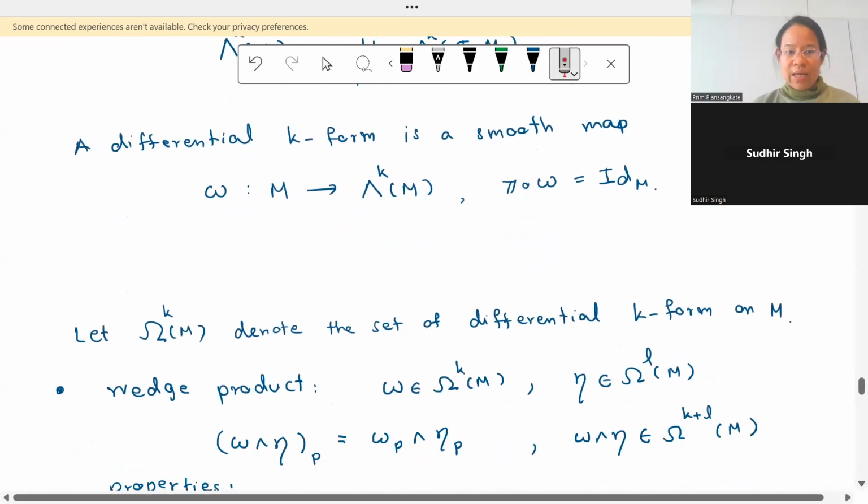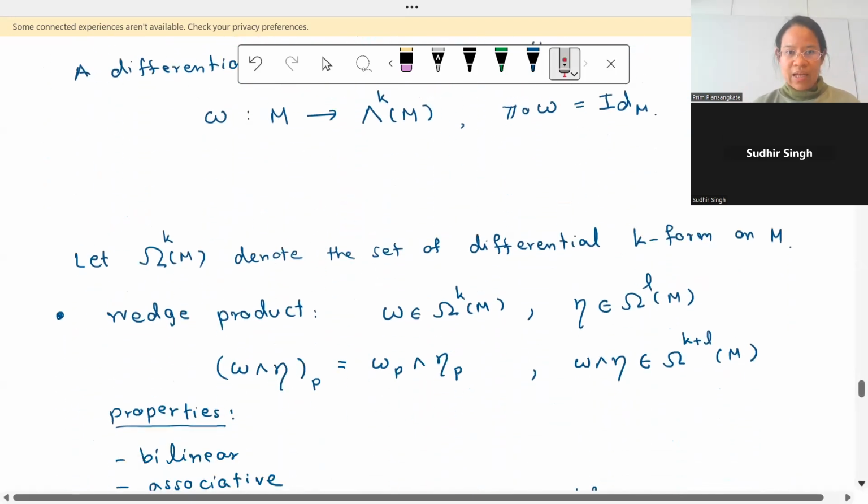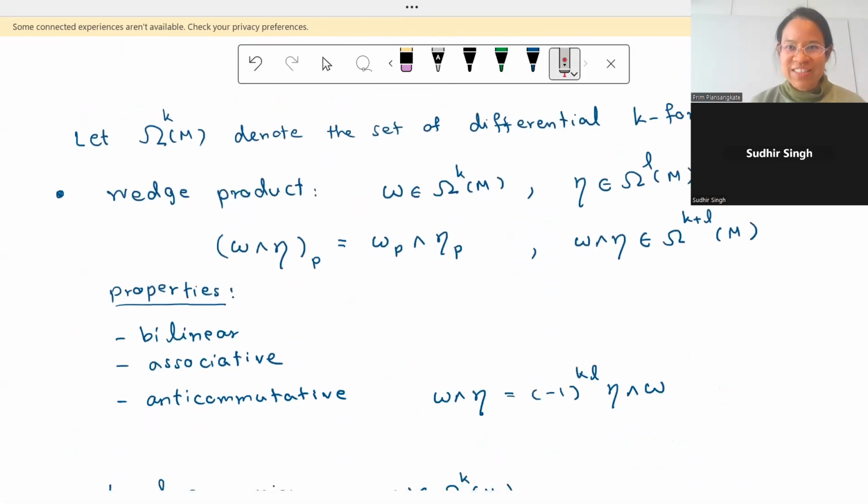Right, so we have nearly finished this recalling before we go to vector bundles. Just two more things. The first one is we can extend the wedge product from tensors to tensor fields, so to differential forms.